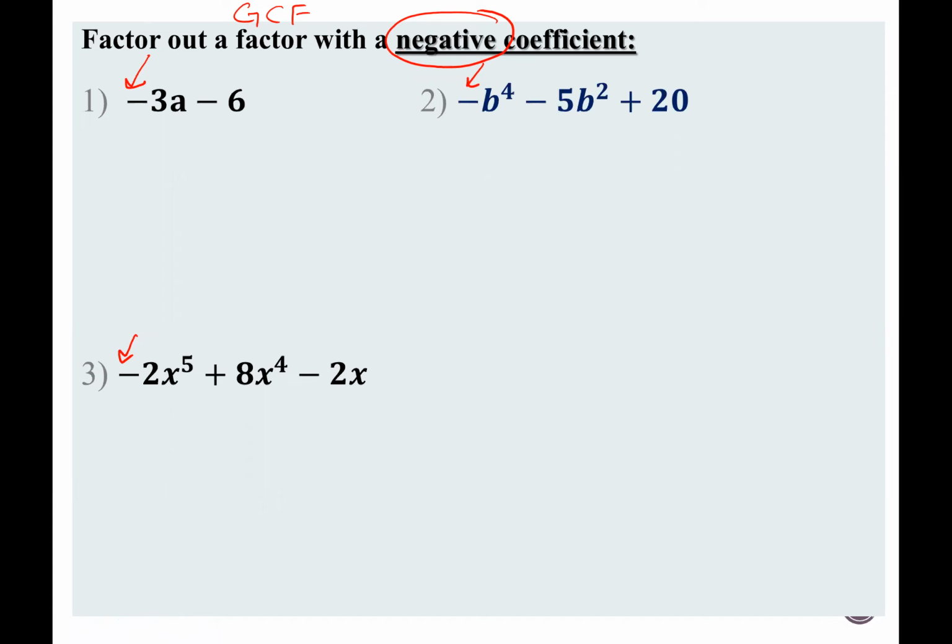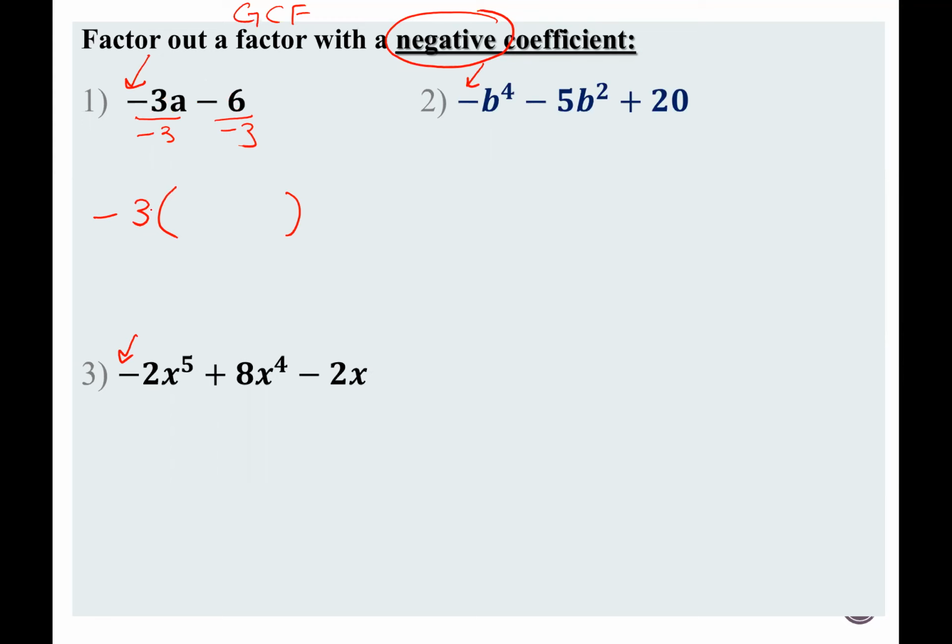Because we're going to be factoring out a negative, we'll have to keep track of signs a little bit more carefully. So number one, negative 3a minus 6. The common factor here is 3, okay? 3 goes into 6. But actually, it's not just 3, it's negative 3. So I'm going to divide each term by negative 3. Negative 3 is my GCF on the outside.